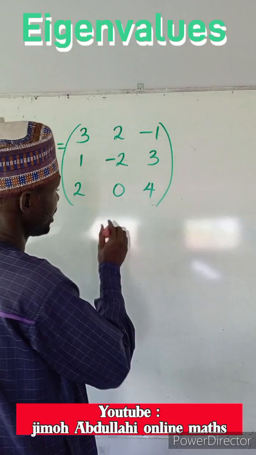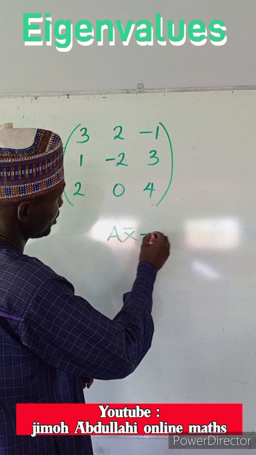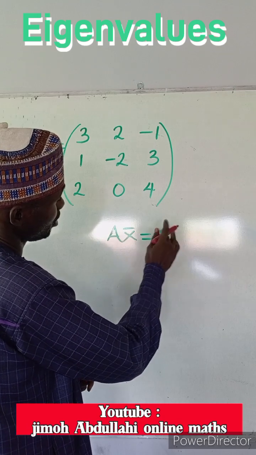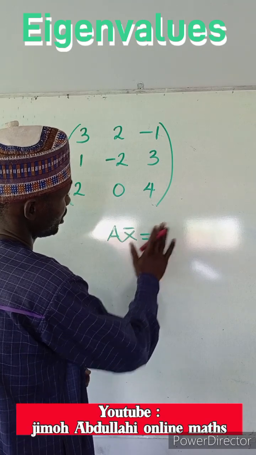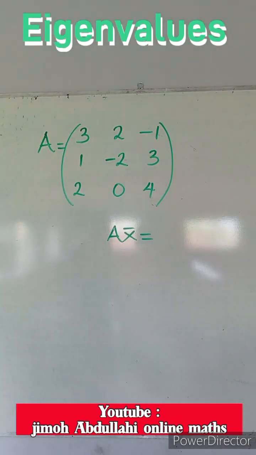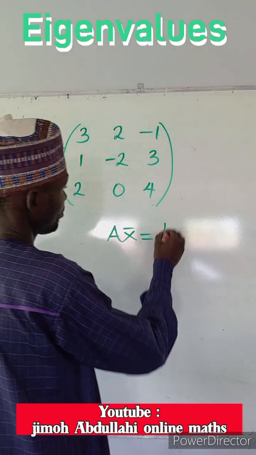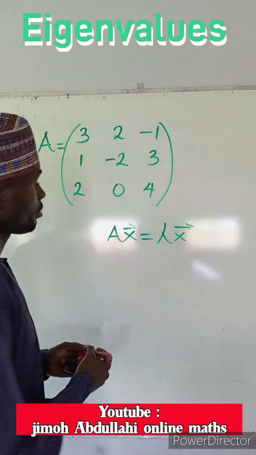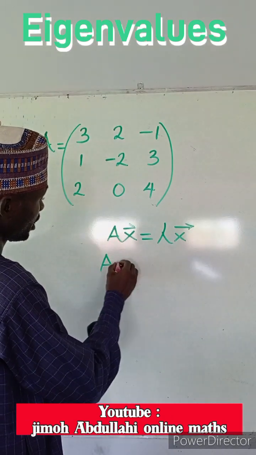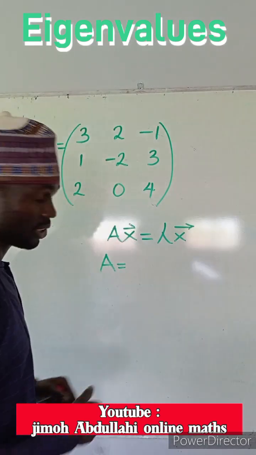So we have an equation like this. So the A, don't forget, is the matrix given to you.